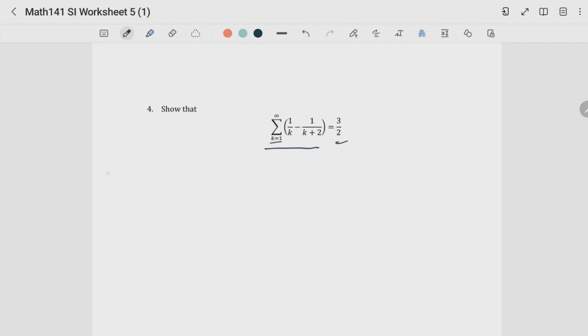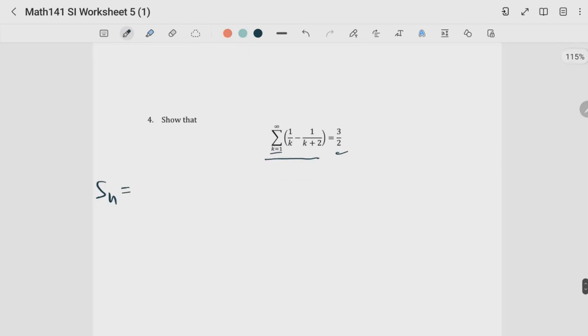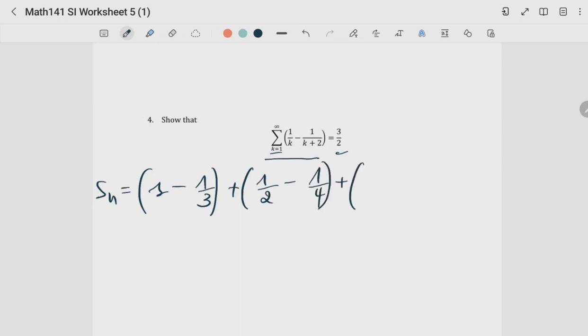Well, we know that the sum of this series just means that you take the first term, which is when k is equal to 1, 1 minus 1 over 3, plus the second term, which is when k is equal to 2, 1 over 2 minus 1 over 4, plus the third term, k is equal to 3, 1 over 3 minus 1 over 5, and so on.